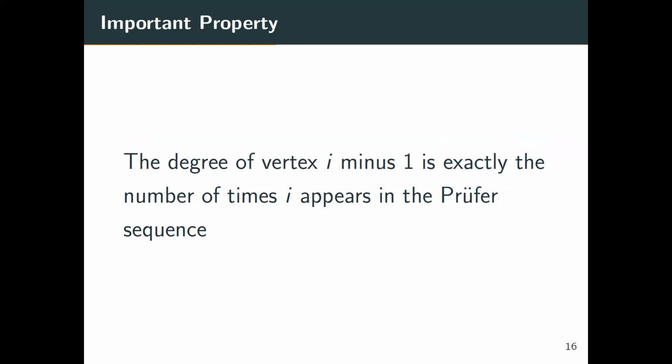This is nice because the Prüfer sequence is not just an encoding, but it is also a counting device. This connection will matter later when we somehow perturb a Prüfer sequence.